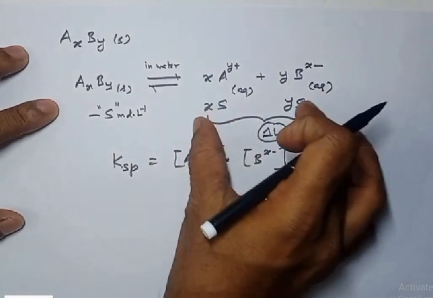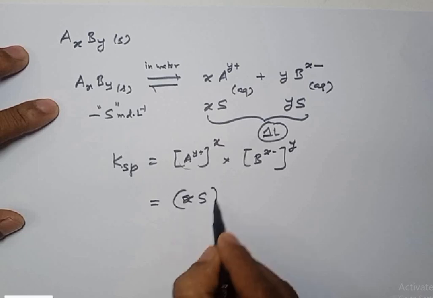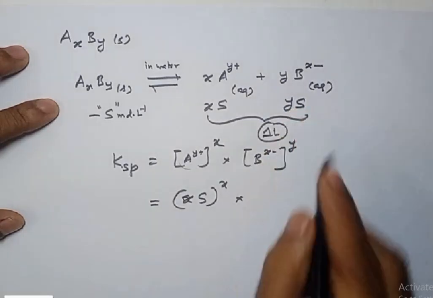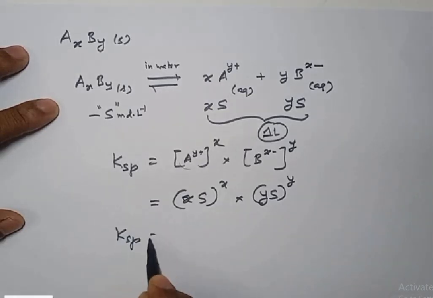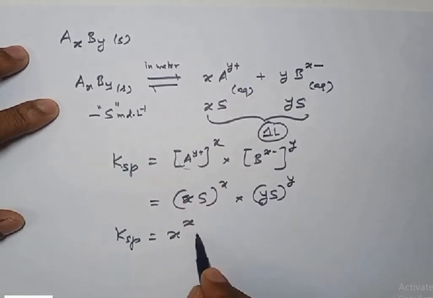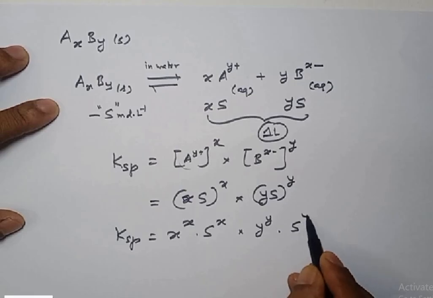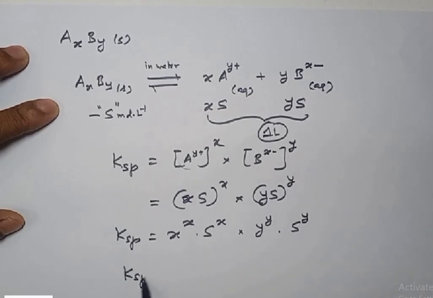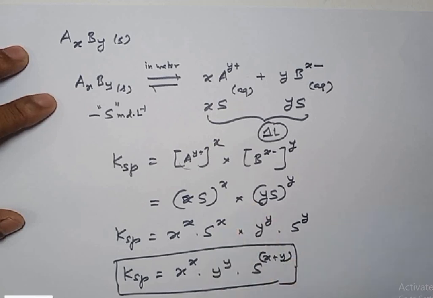If the solution volume is 1 liter, then this concentration is nothing but xS to the power x, and this concentration is yS to the power y. Or I can write Ksp equals x^x times S^x times y^y times S^y, or Ksp equals x^x y^y S^(x+y). This is the general relation between solubility product and solubility of a sparingly soluble salt.